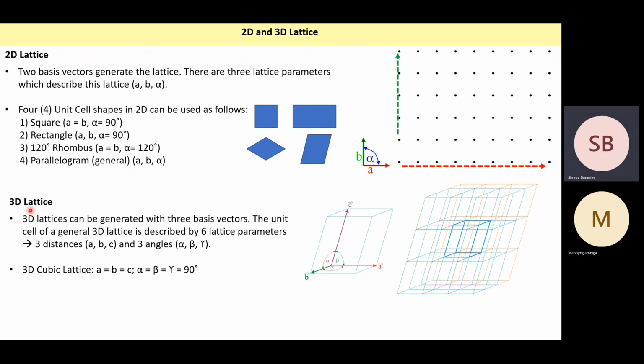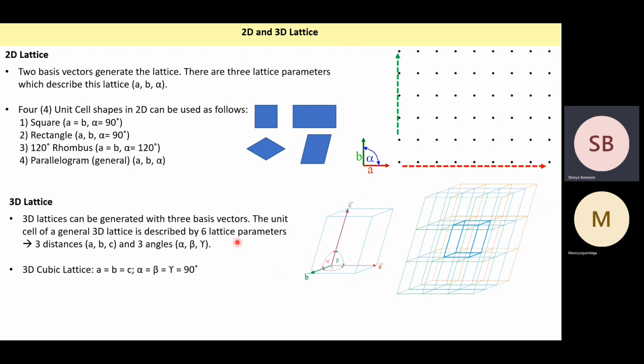The final kind is the 3D lattice. A 3D lattice can be defined with 3 basis vectors. This is a generalized 3D lattice, and this is the unit cell or the repeating unit of that lattice.